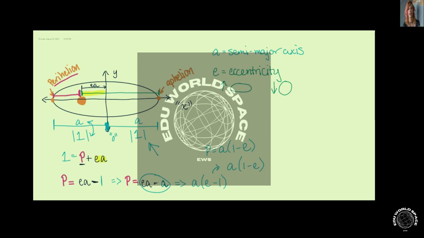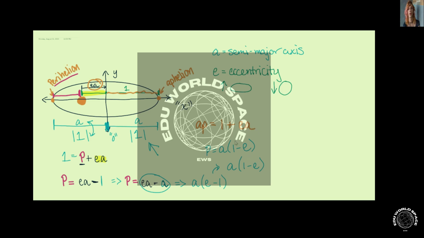What about aphelion? Well, aphelion is kind of a little more intuitive. This is because we are looking at this full distance, right? So we have 1 right here from aphelion to our center line, and we're going to add this EA value now. So our aphelion is going to be, once again, this one value over here plus that EA value.